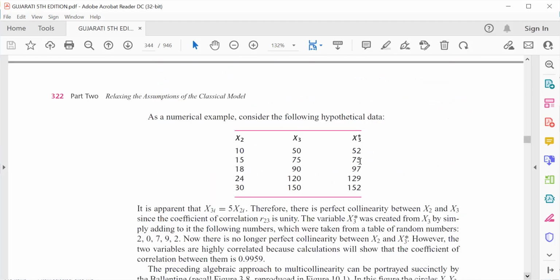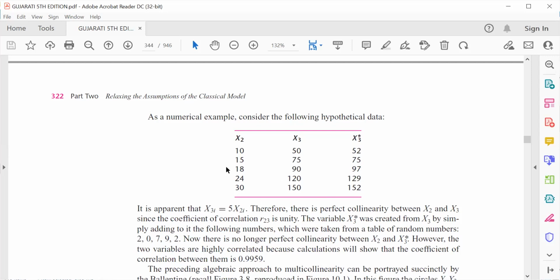For example, we have data here: X2, X3, and then we have X3 star. It appears that X3 is equal to 5 times X2.